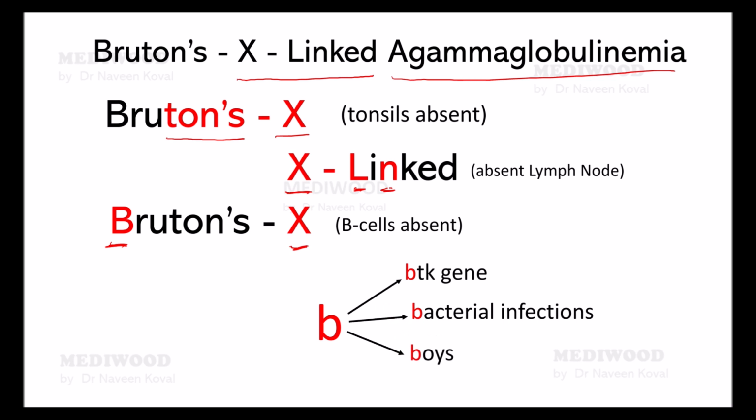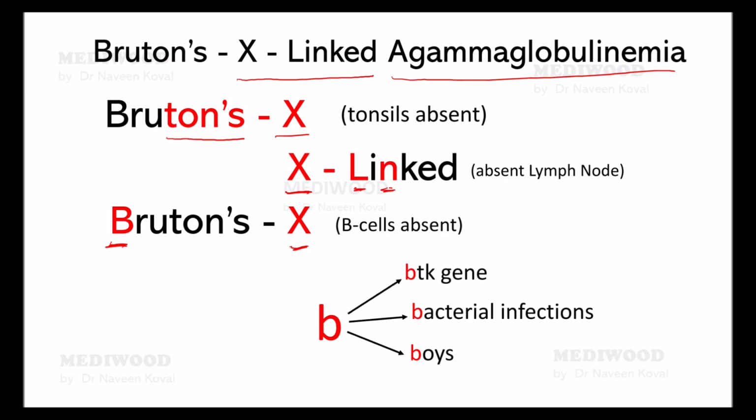I told you it's an X-linked recessive disorder, so you already know that it's predominantly seen in boys. So the MCQ will be like, a boy comes to you with a history of recurrent bacterial infection. On examination, you find the tonsils are absent, the lymph nodes are absent. On investigation, you find that the antibodies are absent, B cells are absent in the bone marrow. Then that will be the clue for Bruton's X-linked agammaglobulinemia.